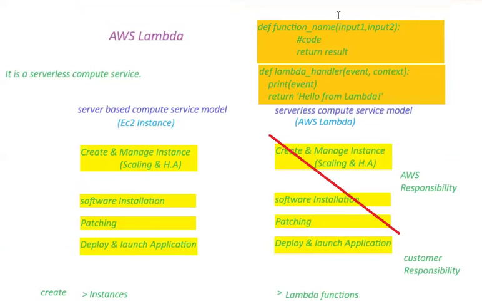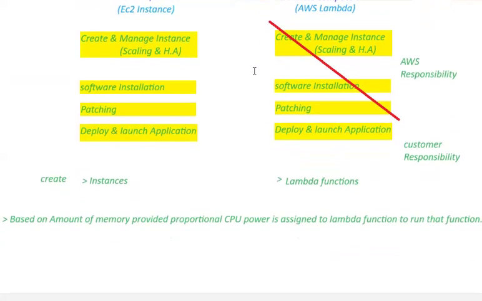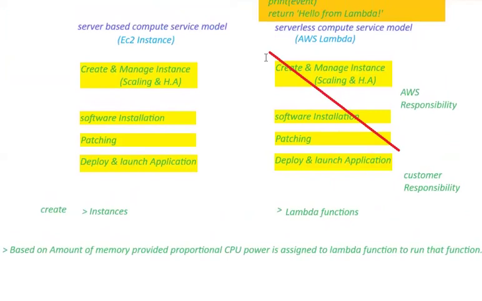How many different ways can I provide this code to Lambda? We have two different ways.